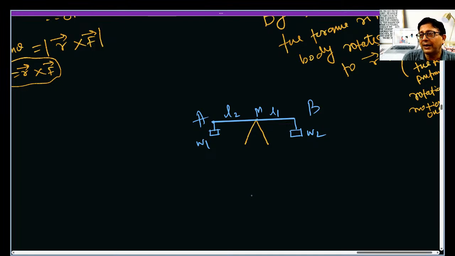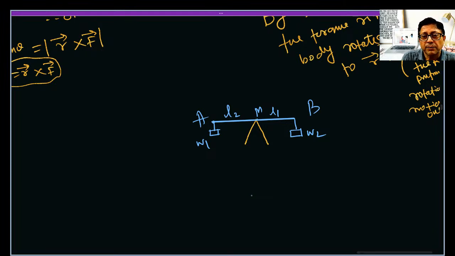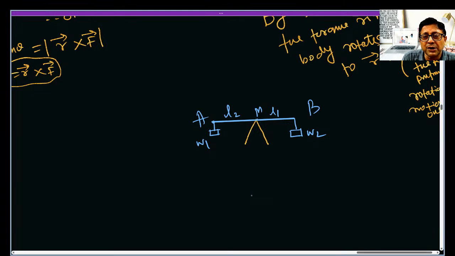Then how can you make it balance? First think this. This has a rotational effect, which will rotate the rod in the clockwise sense. This one also has a rotational effect, which will rotate in the anti-clockwise sense.